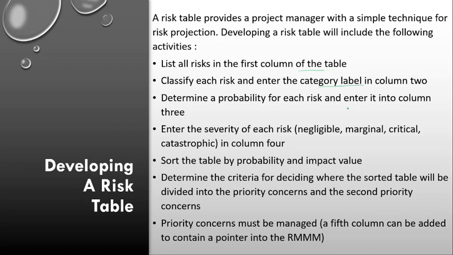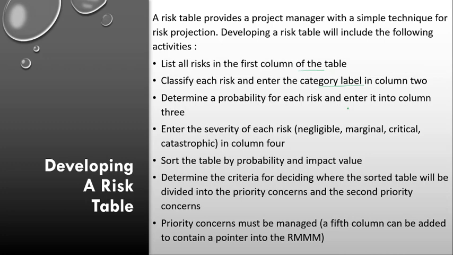And then the next thing is to sort the table by probability and impact value, meaning that the risks having more impact will come to the top. And determine the criteria for deciding whether the sorted table will be divided into priority concern and second priority concern.